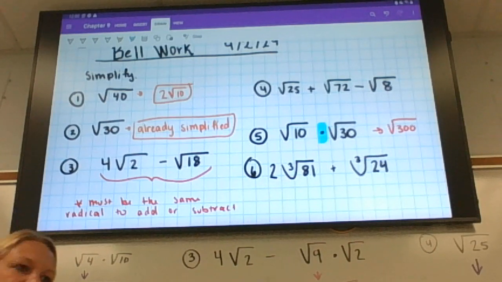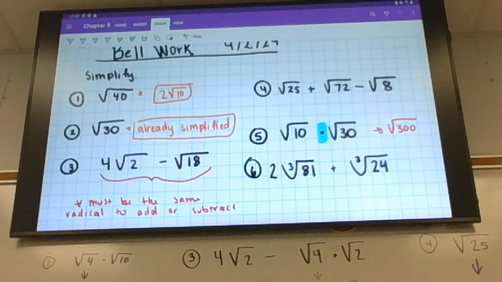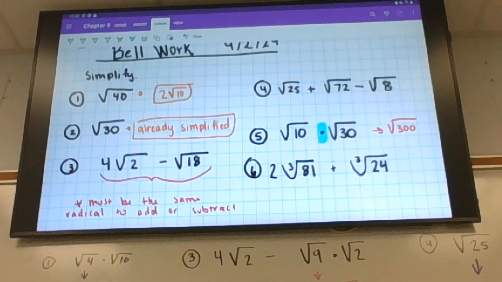I got to reduce it now. Does 300 divide by any of these? Actually, yeah, the best one's not up there. The best one for 300 is not up here. I cut it short. 10 squared is 100.